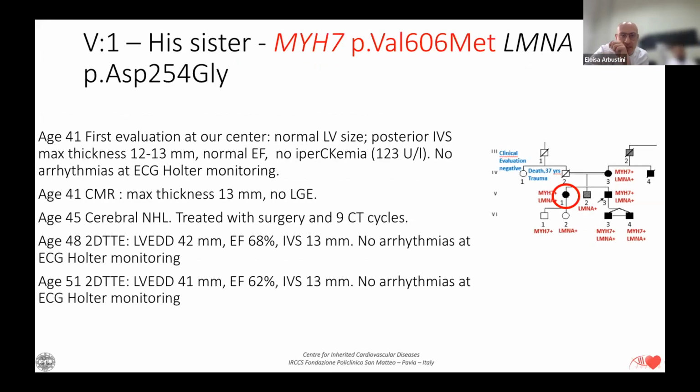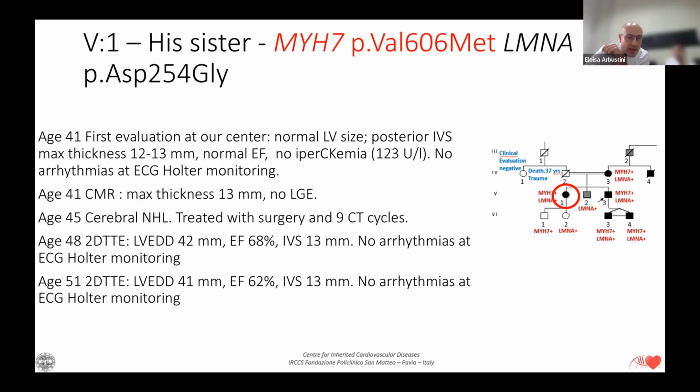His sister carries the same variants as the proband. She was first evaluated at the age of 41, but she did not show the same phenotype at all. She had only a mild hypertrophy of the left ventricular walls, and she had preserved ejection fraction on repeated controls.